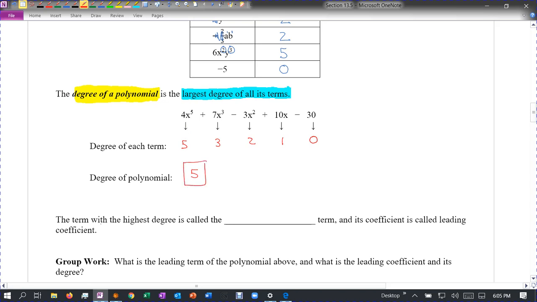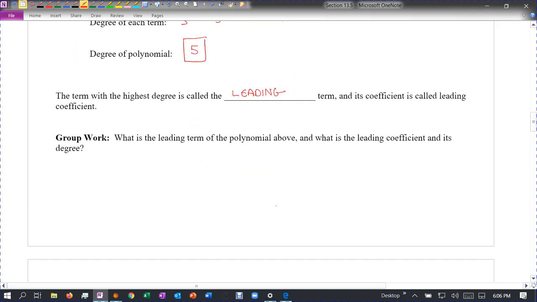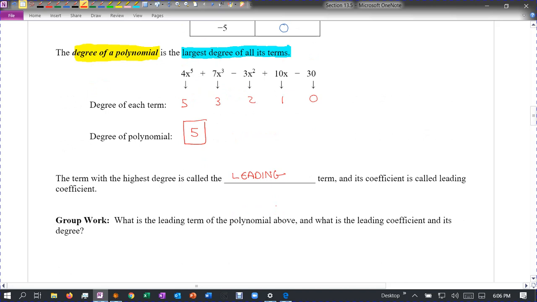Now, the term with the highest degree is called the leading term, and its coefficient is called the leading coefficient. So if we look at this example, this is what this group work assignment says. What is the leading term? Well, the leading term is the one that has the highest power in it.